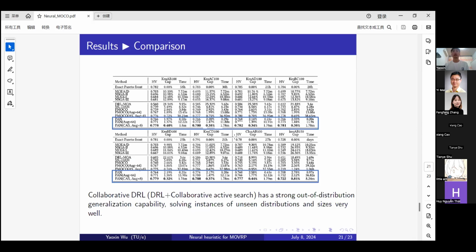And here we also test our collaborative DRL on some benchmark data sets, and we also found it achieves the best hypervolume compared to the previous methods.